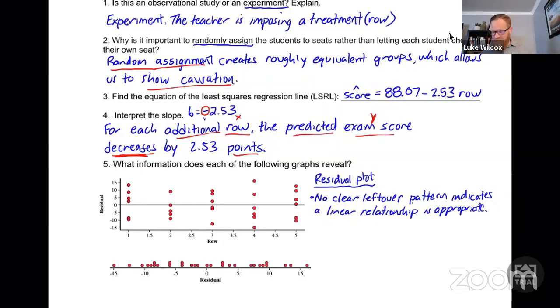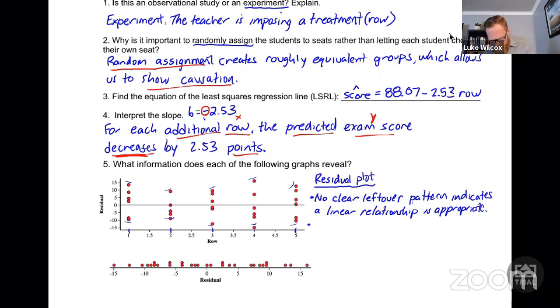Now, the second thing that's important that we see in the residual plot here is that for each x value, if you look at each one of the x values, the distribution of the y has about the same variability, right? There's sort of the same spread on each one of these. We're not seeing a big increase in spread as we move to the right, or a big decrease in spread as we move to the right.